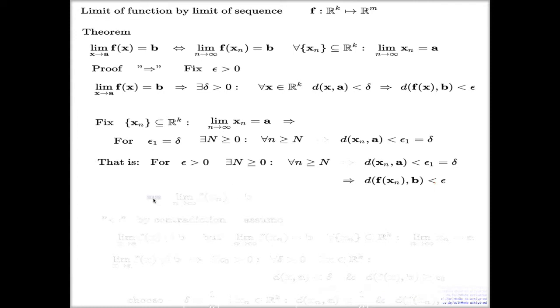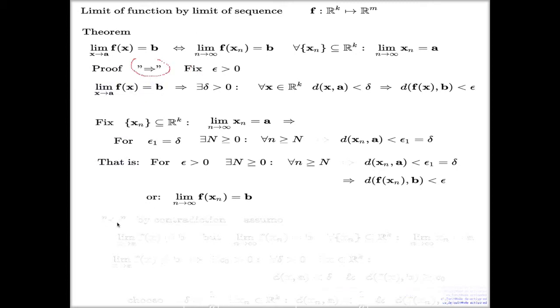That is the definition of the limit of my new sequence. And that's a forward proof. Look at this. I chose any possible sequence with this condition, and I concluded that for this newly built sequence, f of xn, it satisfies this condition. That's the end of the forward proof.